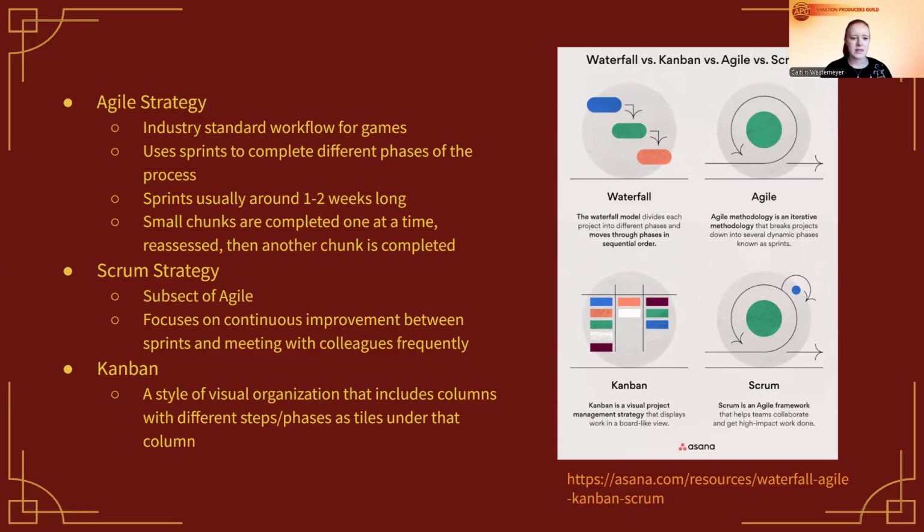It was small chunks at a time, and then they had to go back on it, and another chunk was completed. I think that's how they did their setup. Totally check out Overgrown. Super cool game, super cool design. But that's one iterative methodology that breaks projects down into several dynamic phases.